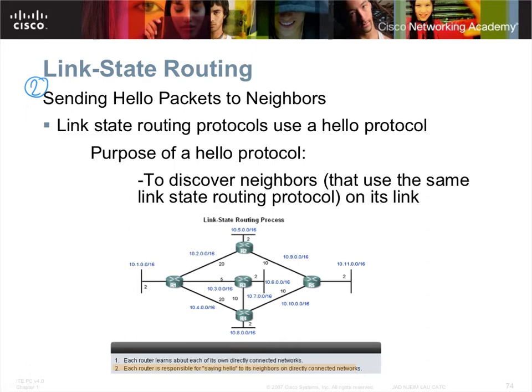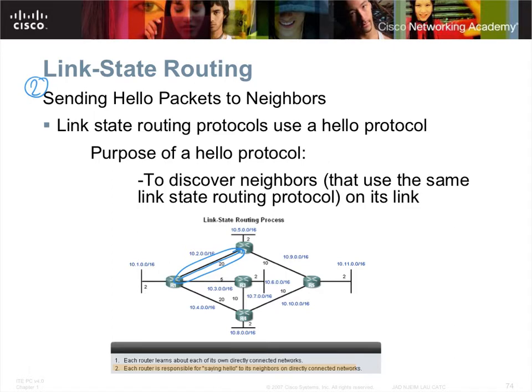Any protocol that uses triggered updates requires first to discover who my neighbors are. In order to send a triggered update, I need to discover who my neighbors are. Why? Because just the fact that R1 and R2 are connected using a physical link doesn't mean that they are neighbors.